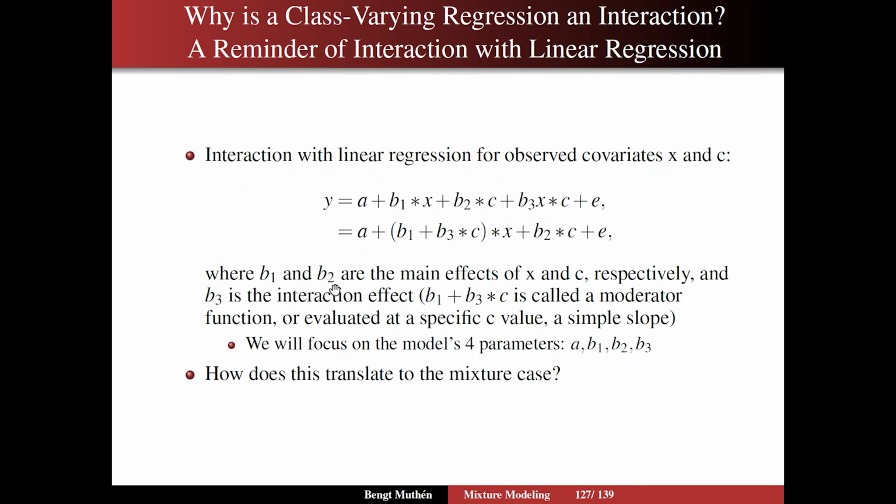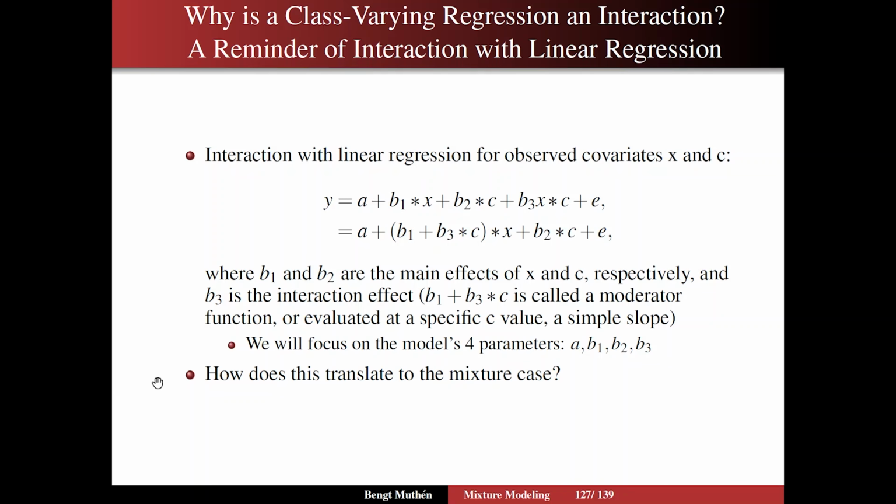So b1 and b2 are the main effects of x and c respectively, and b3 is the interaction effect, where b1 plus b3 times c is called a moderator function. C moderates the impact of x on y. And if you evaluate that at a specific c value, we call that a simple slope. So we'll focus on the 4 parameters of the model: a, b1, b2, and b3.